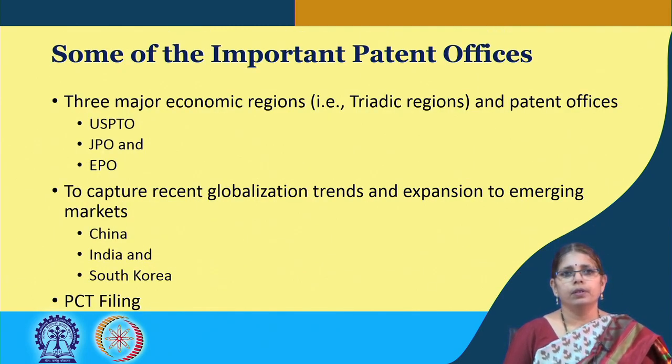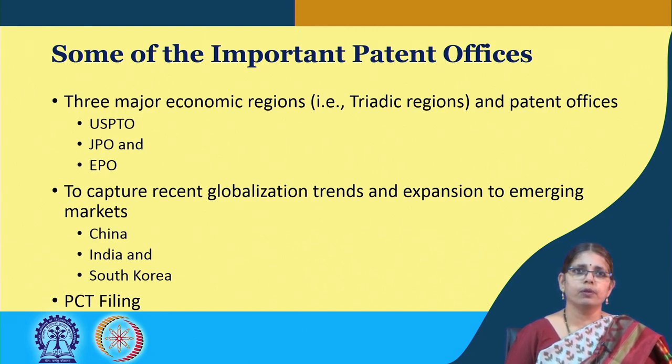There are also these important patent offices which often are also the major jurisdictions of filing. And if you really look at the spread of those, they come into three major economic regions, one being the USPTO, the other being the Japanese Patent Office JPO, and also the European Patent Office, where you have large filings from different regions.